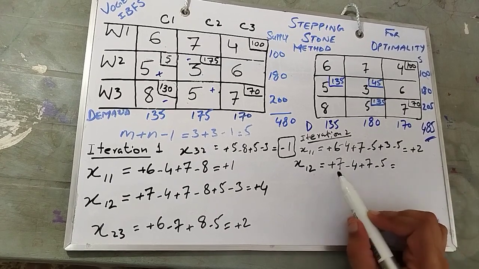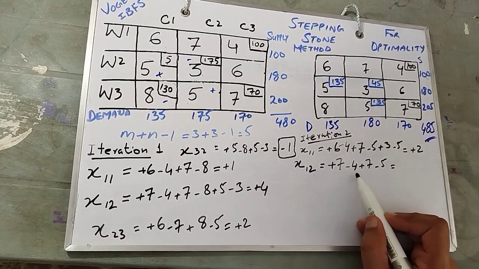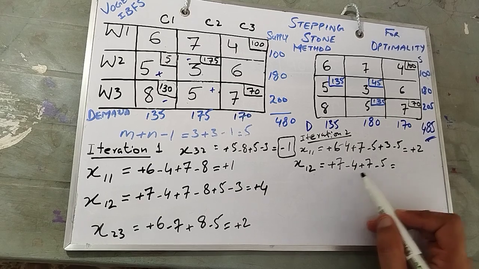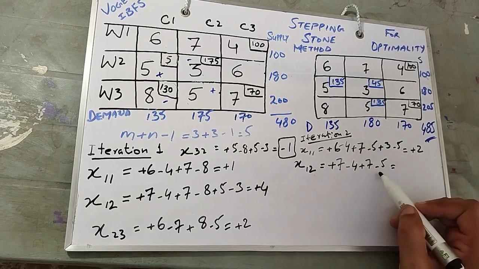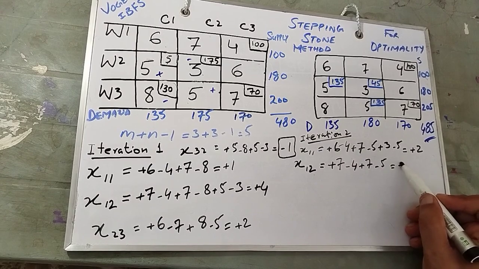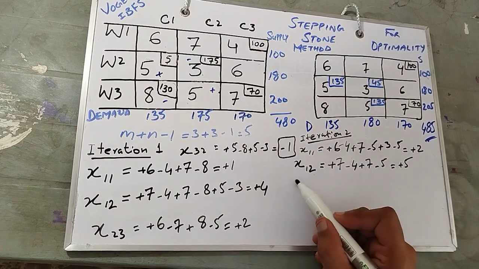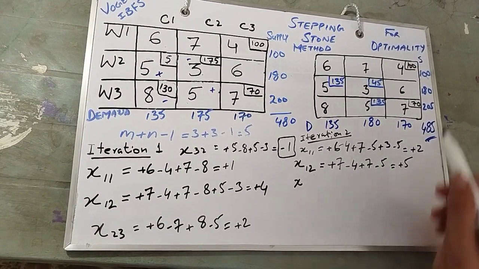Plus 7 minus 4 is plus 3, plus 3 plus 7 is plus 10, plus 10 minus 5 is plus 5. So you see we have found another positive one.